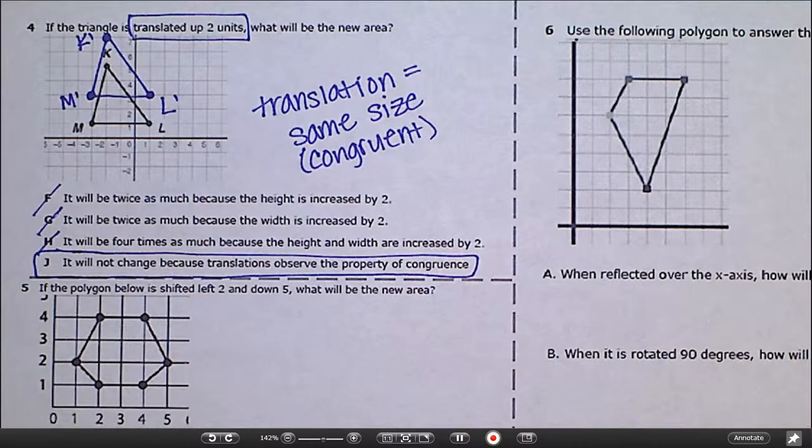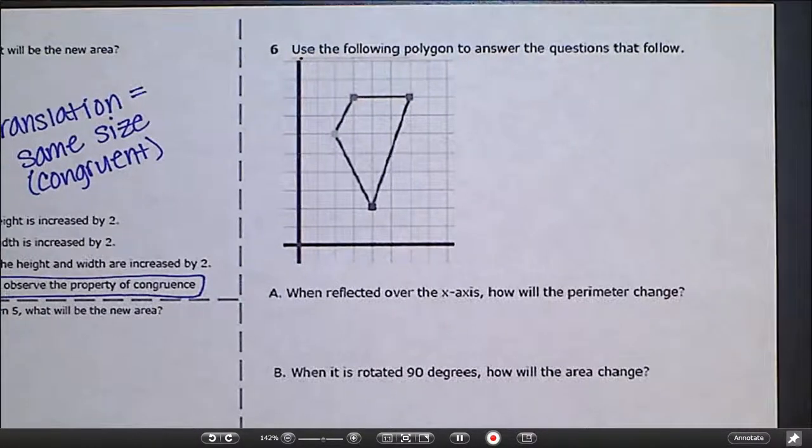In just a minute, I'd like for you to pause the video and do numbers 5, 7, and 6 on your own. I do want to point out one thing that you're going to need to know for number 6. So let's scoot over there and take a couple other quick pieces of notes.